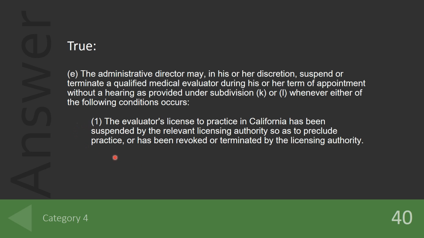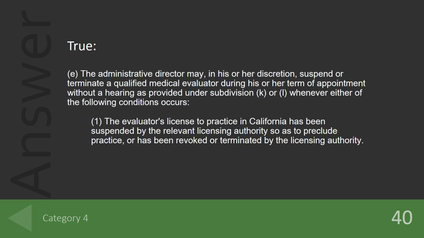And we're just elaborating here on one of the conditions. And that is that the evaluator's license to practice in California has been suspended by the relevant licensing authority so as to preclude practice, or has been revoked or terminated by the licensing authority.